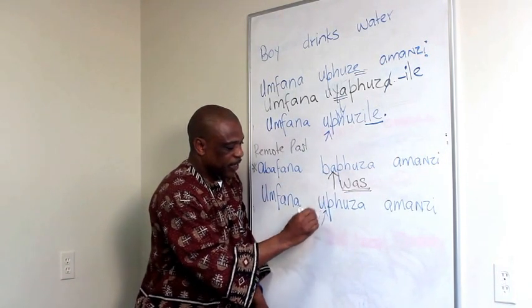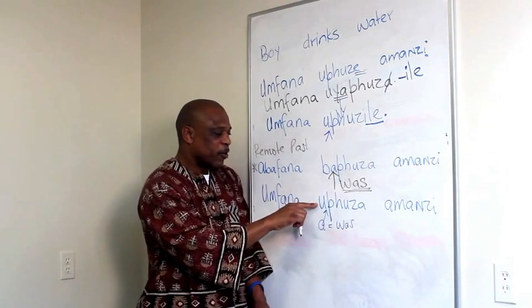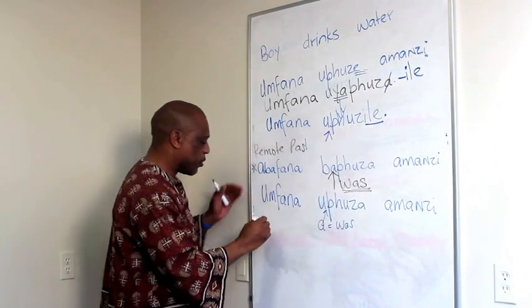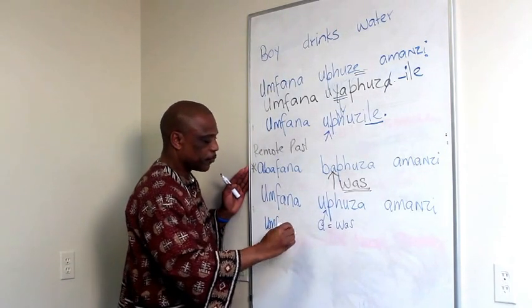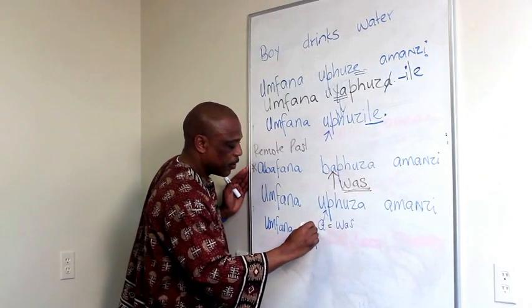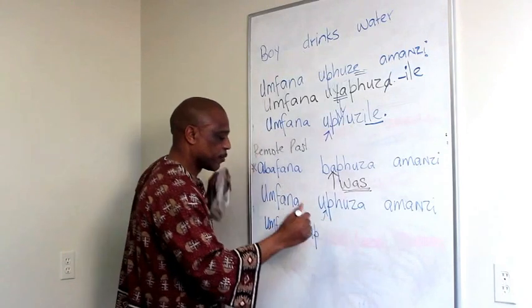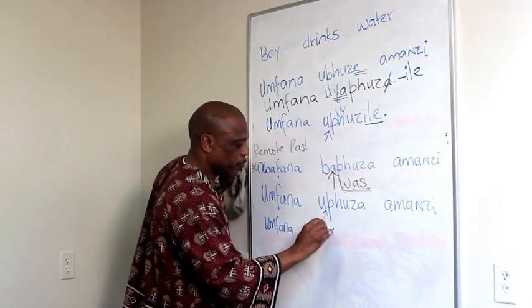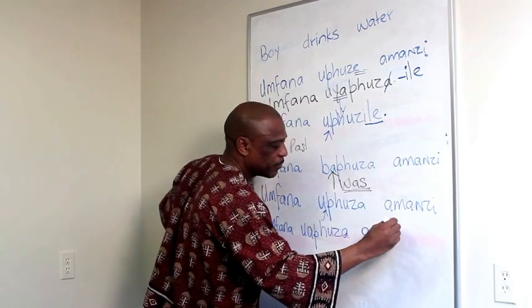You add an A, which is was, in between the concord and the verb. So it will look like this. Umfana u a phuza amanzi.